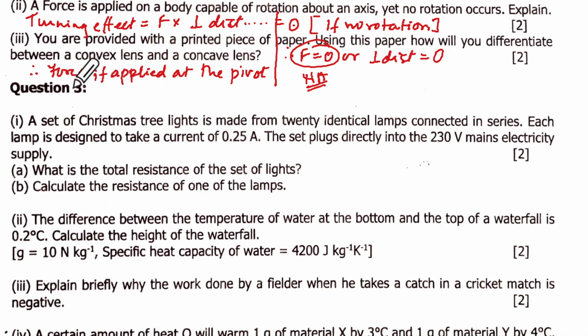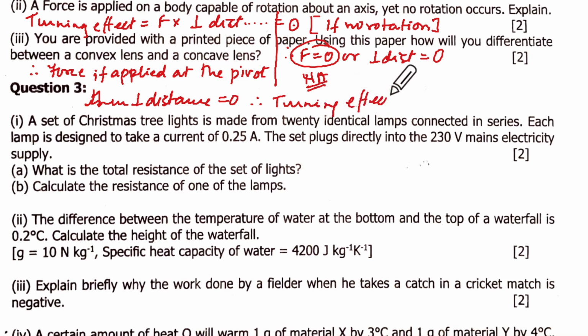If force is applied at the pivot, then perpendicular distance equal to 0. Therefore, turning effect equal to 0. Therefore, no rotation. We'll just write it in short. Is that fine? Yes, ma'am.